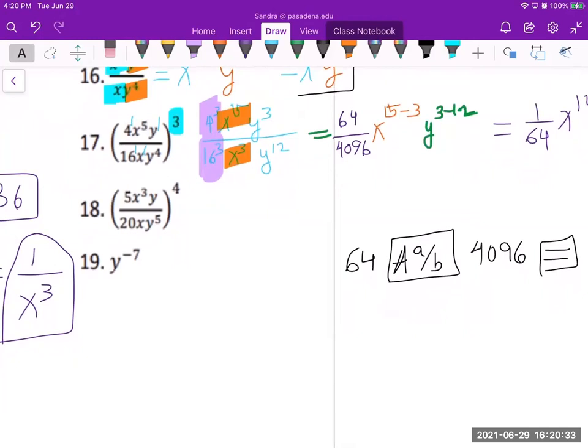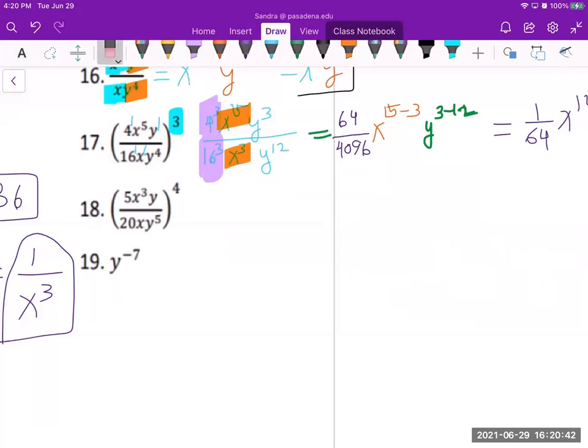For problem 18, I'm going to simplify inside instead of distributing the 3, and you will see that both ways it will be okay. What do I mean by simplify inside? Let me go ahead and simplify in here. Let me write the words here.